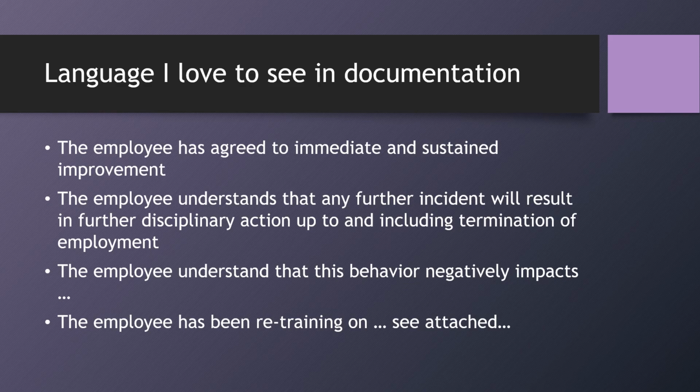So for example, if an employee was a no-call, no-show, it seems like common sense. They know they're supposed to call out when they are going to be absent from work, unplanned. But I like to be able to demonstrate that by showing, okay, here's a copy of the policy. I've attached that. I had a conversation with them. I documented, I showed them the policy. I retrained them on the expectations.